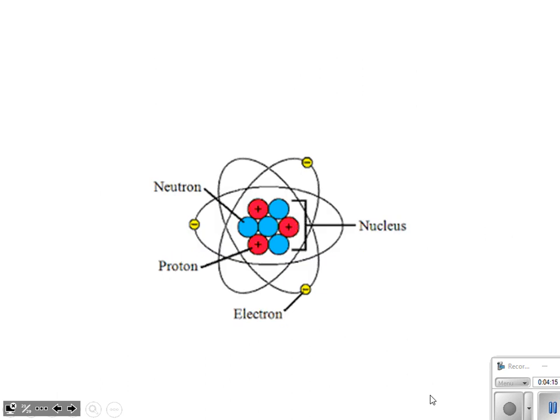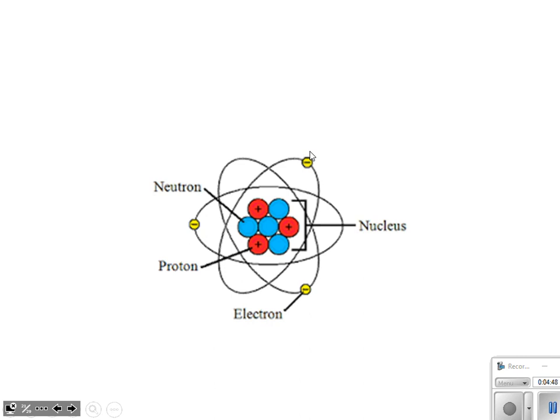Here's a diagram of this. When I had the notes before, I had another slide that I didn't click on that had Bohr's planetary model. On Bohr's planetary model, these blue and red spheres represent the nucleus, and these little circular orbits around the nucleus are where the electrons orbit.